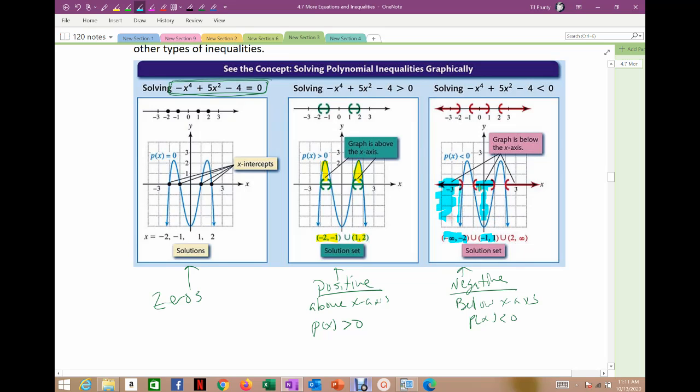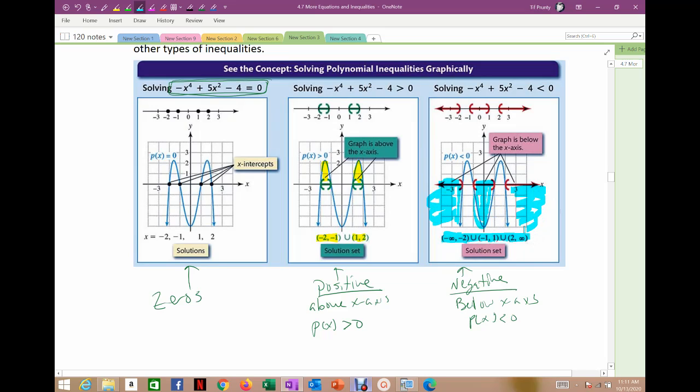All of these parts, it's negative. And the other place it's negative is between 2 and infinity. So all of those parts, my function is below the x-axis, between my zeros and my infinities in this case. Between -1 and +1, it dips here, it's negative, and then it's negative shooting off to negative infinity on both ends.